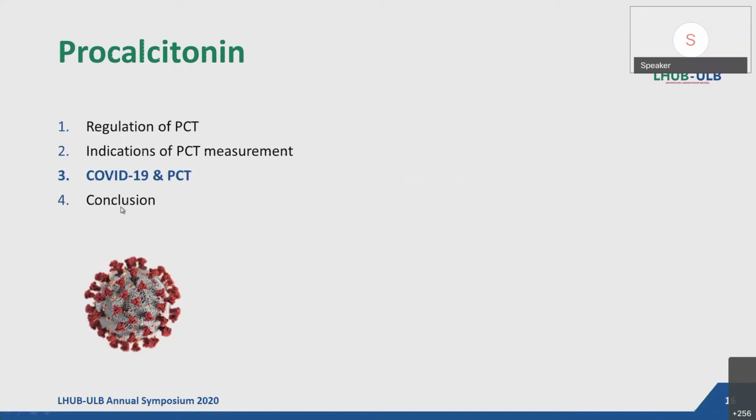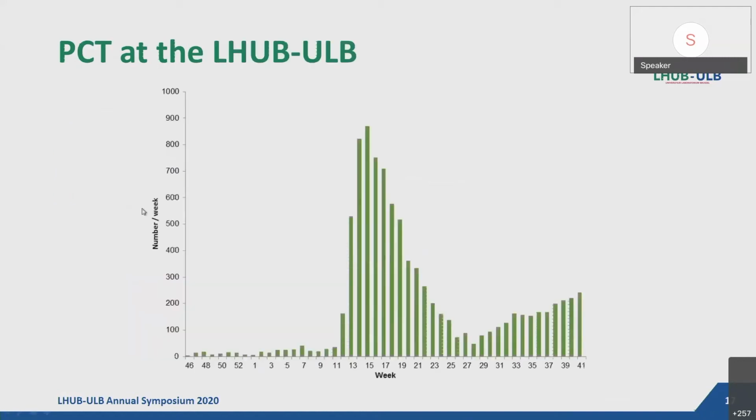First of all, I would like to show you an interesting picture, and this is the evolution of the number of PCT tests performed in our lab. So we started with PCT last year, and we had only 10 to 20 tests a week until March, where we saw a big increase, something that we could call the first wave of PCT.